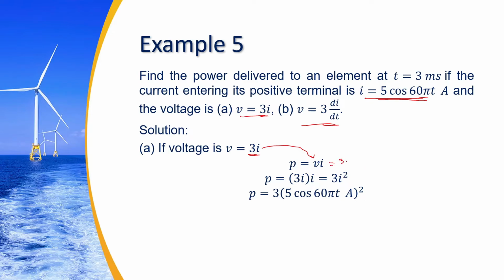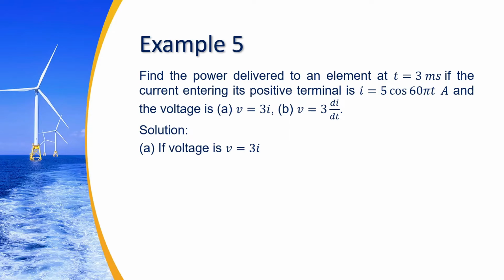Or pwede yung gawin, direct na. So, gawin nyo na agad is 3i, 5 cosine 60 pi t. Substitute nyo rin yung I dito. So, pwede nyong mangyari is 3 times 5 cosine 60 pi t squared. Okay? And kapag sinimplify natin yan, makakakuha tayo ng power na 75 cosine squared 60 pi t.